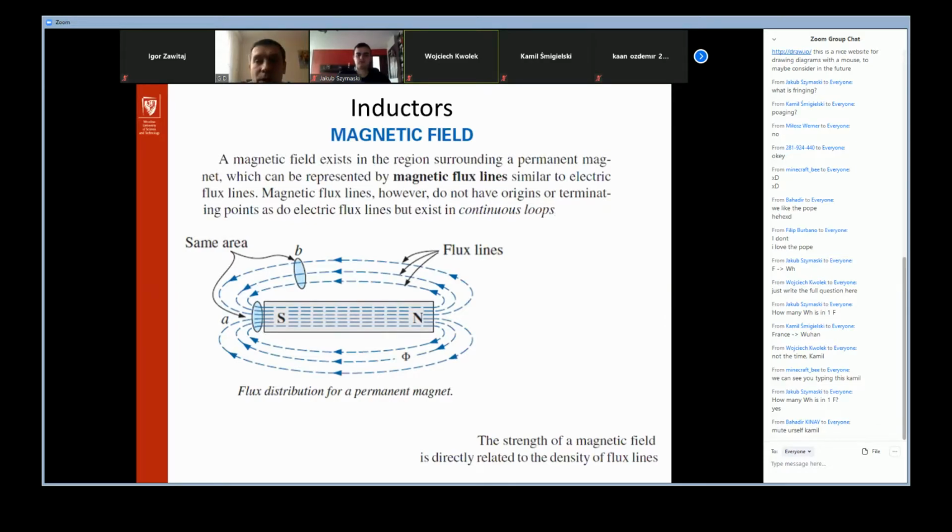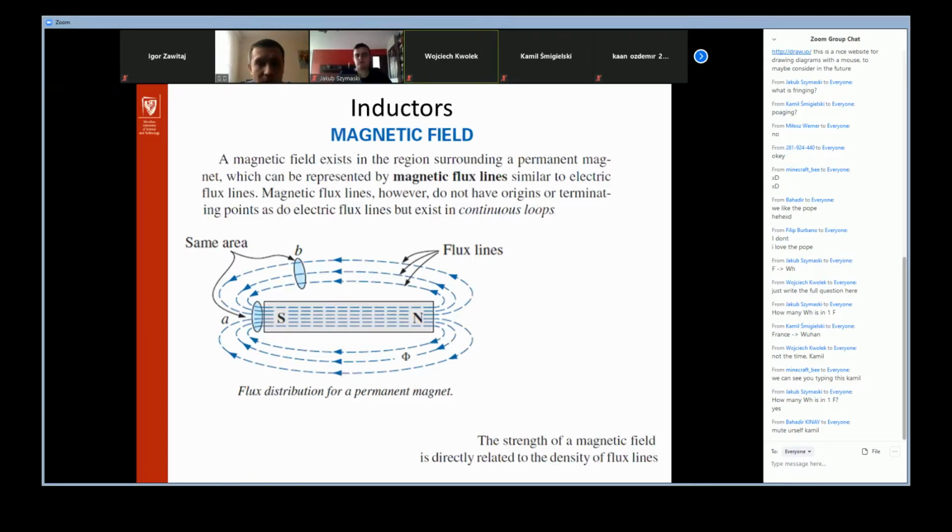Here we have a problem, because the magnetic field doesn't have any ending point. Why? Because if you have magnetic domains constructed like S N, S N, S N, connected together, and you break the magnet, you'll have two new magnets, each with a south and north pole, and again south and north pole. So that's the reason we can't say where the beginning of the magnetic field is, where it starts.